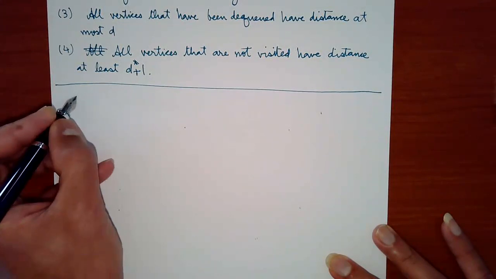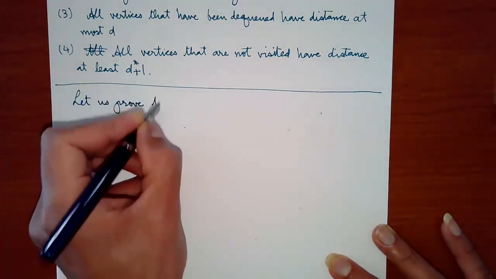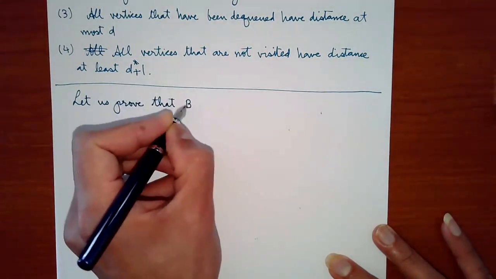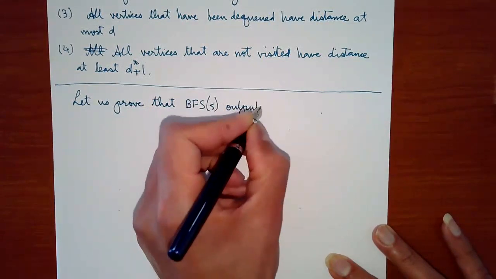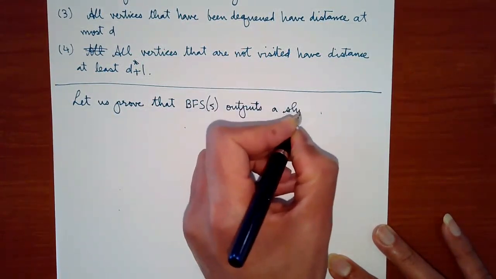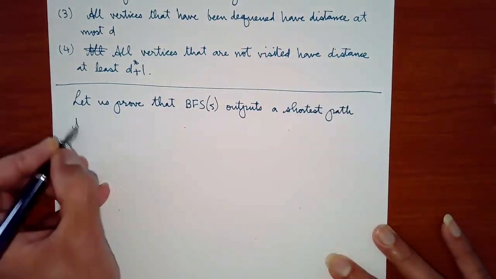So let us prove that BFS outputs a shortest path tree.